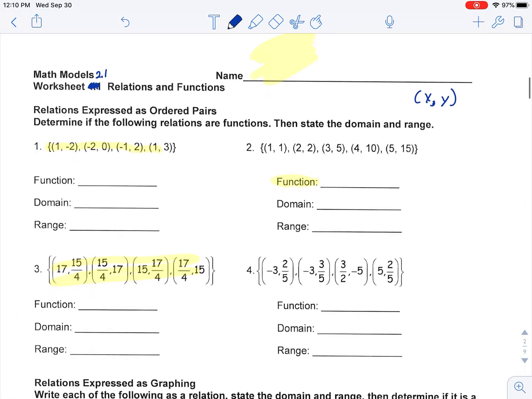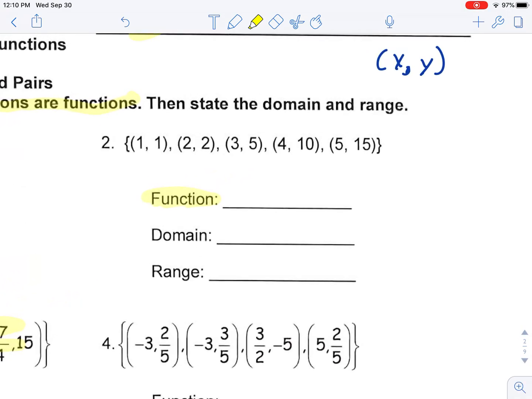All right, so determine if the following relations are functions. Number 2, let's look at the x values. 1 is used, 2 is used, 3, 4, 5. Are any of those used more than once? No, they're not. So yes, this is a function. It's that simple. Now, we are asked to state the domain.